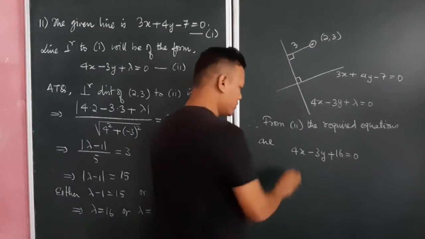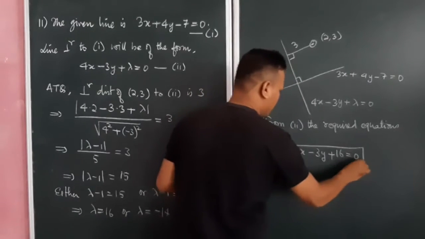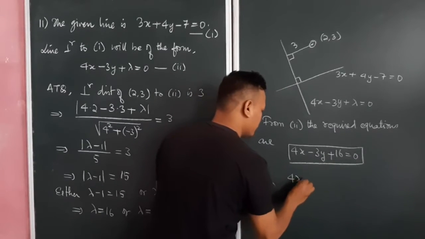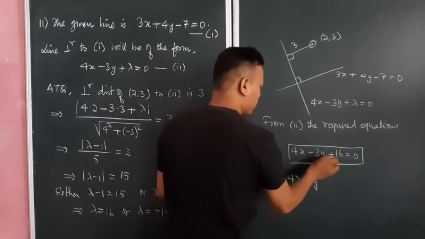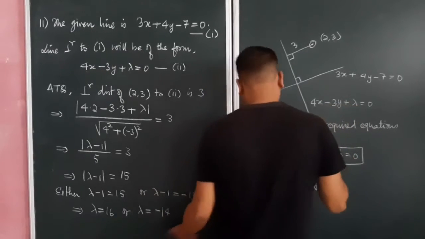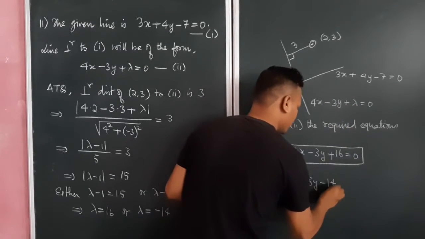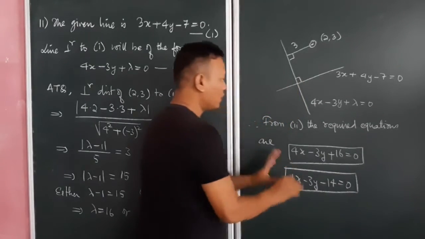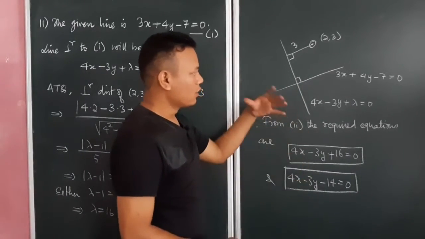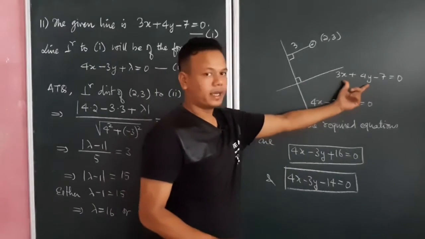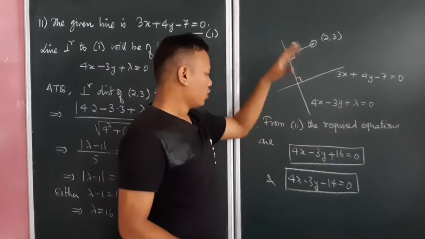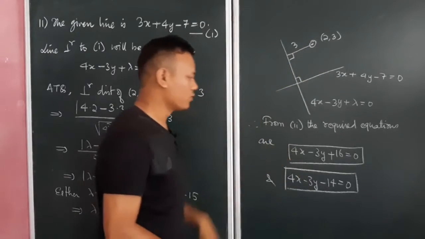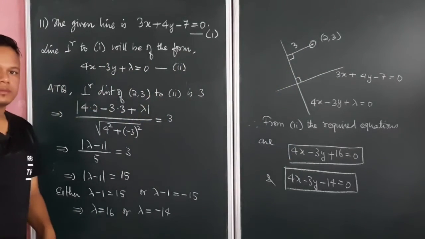This is my first answer. Another is 4x minus 3y, and instead of lambda the other value is minus 14, so 4x minus 3y minus 14 equals 0. These are the two lines which are perpendicular to the given line, and the perpendicular distance of these two from this particular point is 3. You may pause the video to note this down.